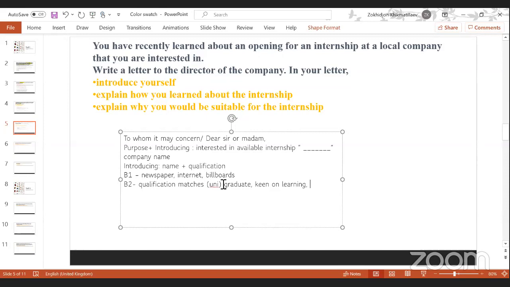You may also be experienced, maybe you have already done an internship somewhere and you have some knowledge. But do not say that you are an experienced accountant and you are so good at your job, because if you are so good, you will not be an intern. You will apply for a job position exactly.